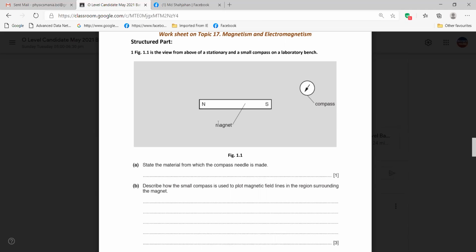Should we continue the worksheet or start the new topic? Sir, I wanted to start electromagnet and its conditions and all the stuff, because I didn't understand anything about electromagnet.